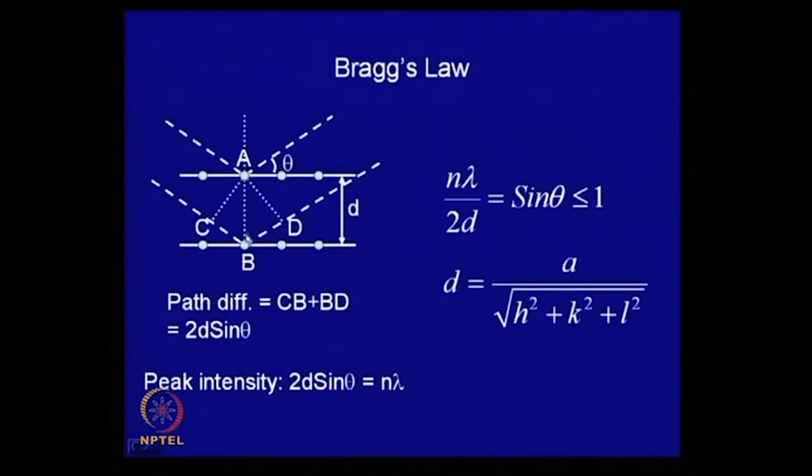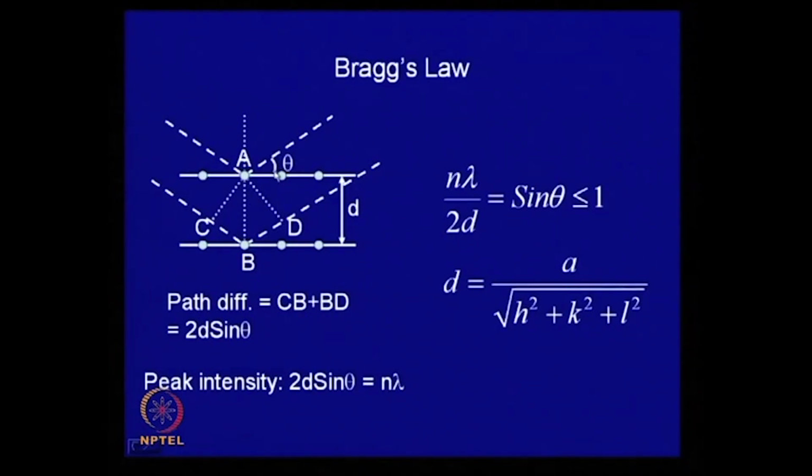This is the interplanar spacing d. Now, the path difference is made up of CB, this path, you drop a normal from here onto this and a normal from here onto this. So, total path difference is CB plus BD, and it is possible to show that both of these are equal.